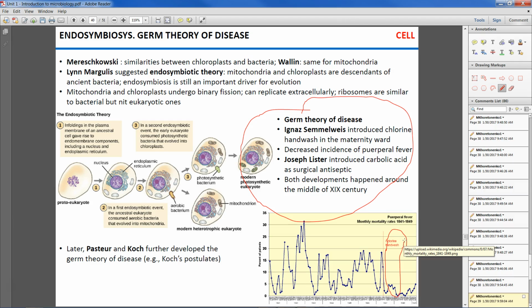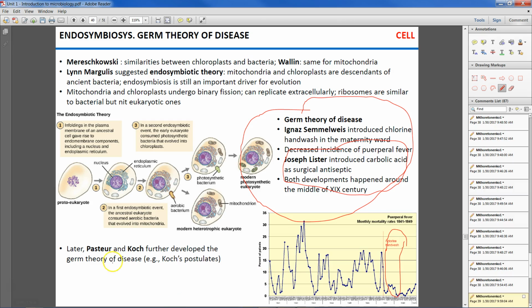So it was the first evidence of the infectious nature of the disease. He didn't know that it was microbes, but he showed the infection in medical settings. Lister later also showed that using antiseptics, something that kills microbes, can prevent the infection of wounds.